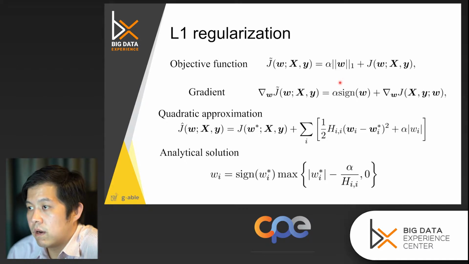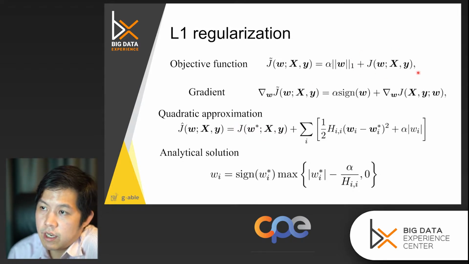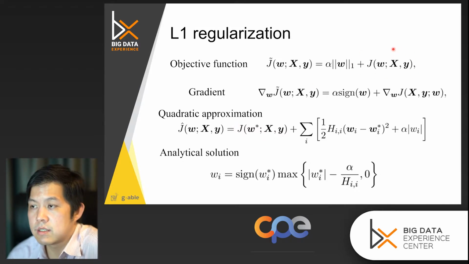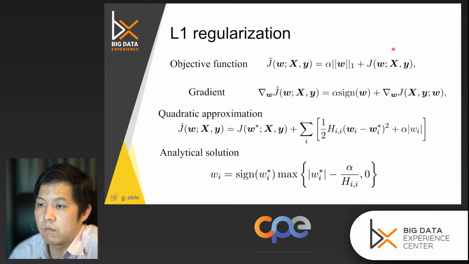So what is done here is to expand JW, not to think of JW here as just some value that changes, but we kind of approximate it with the original value.